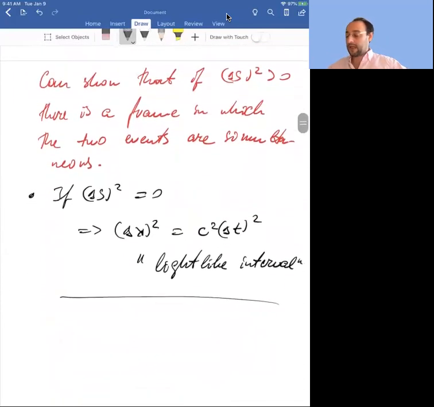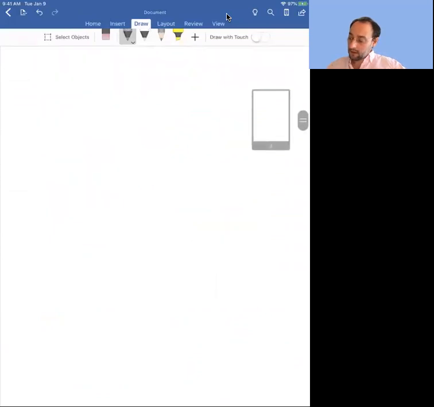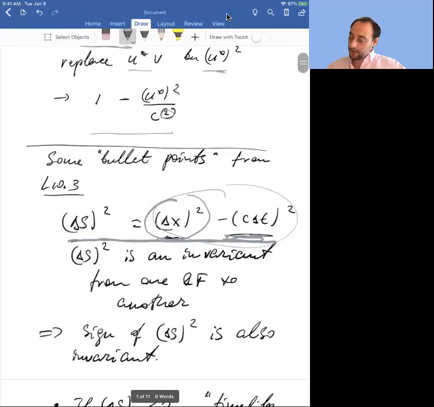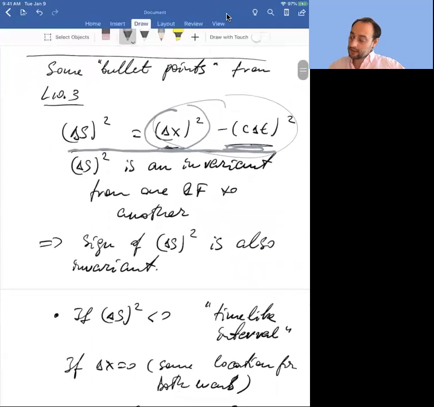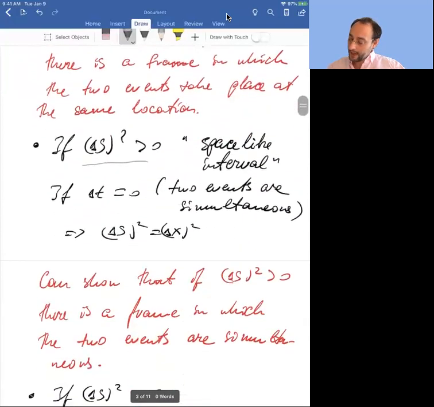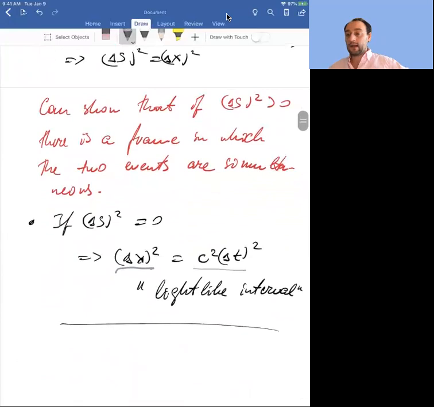And finally, if delta s squared is 0, that means that delta x squared equals c delta t squared. If this is 0, then delta x squared must be equal to c delta t squared. This is called a light-like interval.